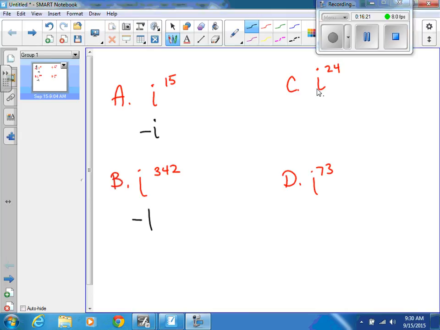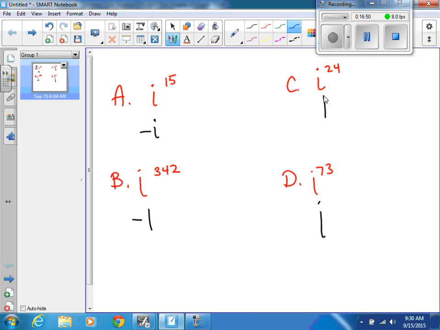Yep, it's going to be 1 because it has no remainder. It has an exact factor of 4. Okay, 73, what's the remainder? 1. It will be i. Yes. Very good.